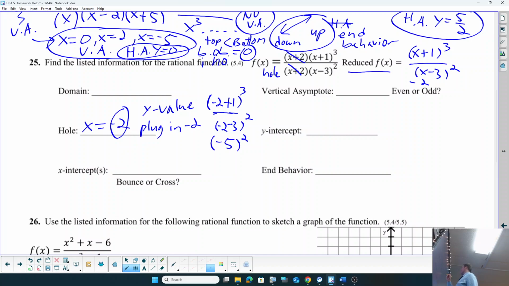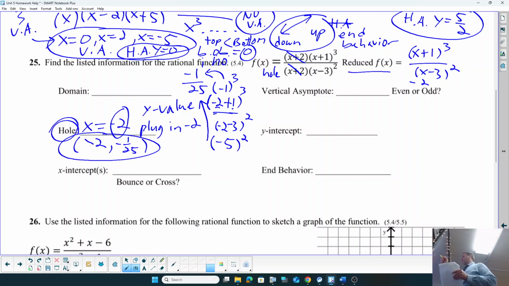And on the top, we have negative 2 plus 1 is a negative 1 to the third power, which is just a negative 1. So we have negative 1 over 25. That's evil. So negative 1 over 25 is the y value of our hole. Negative 2 is our x, and negative 1 over 25 is our y value for our hole. Our restrictions are x can't equal negative 2 and 3.